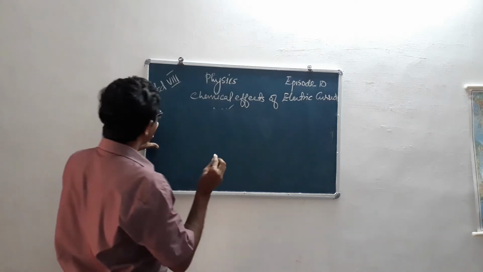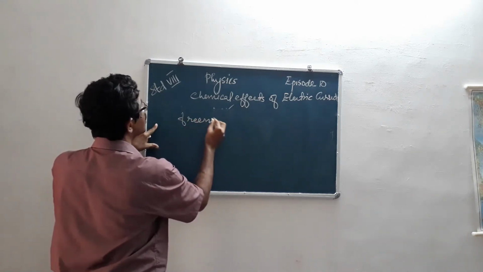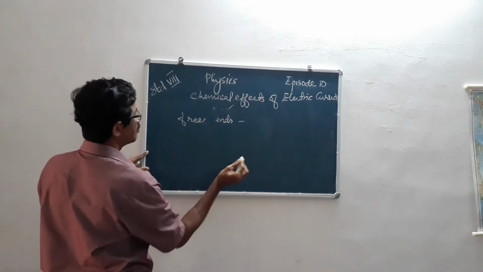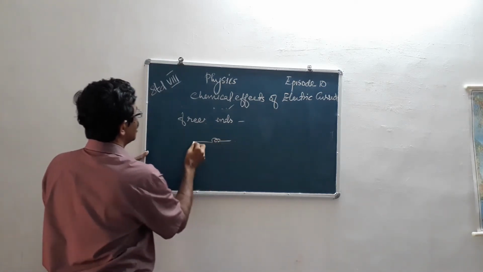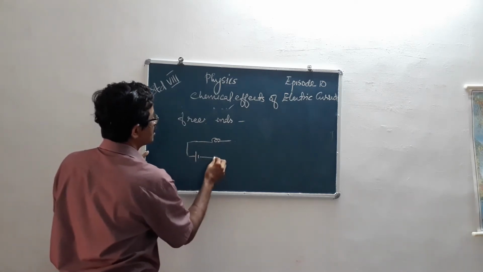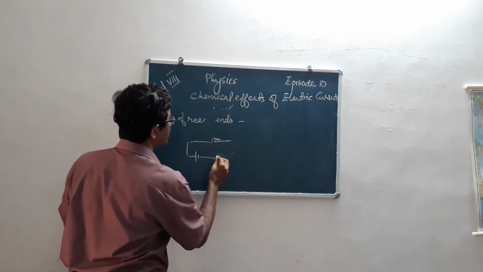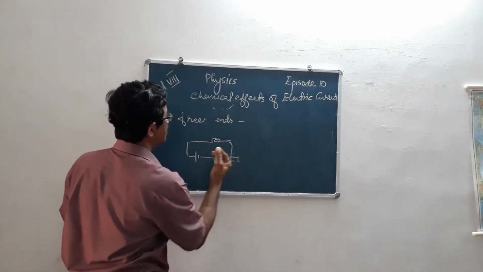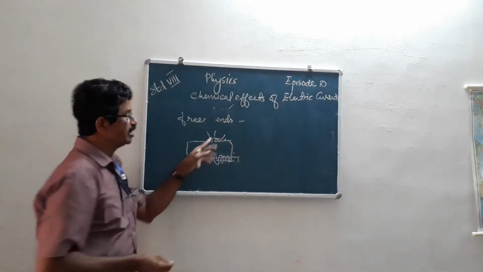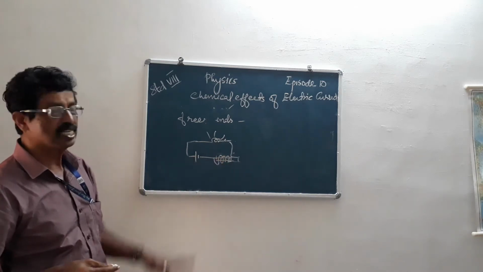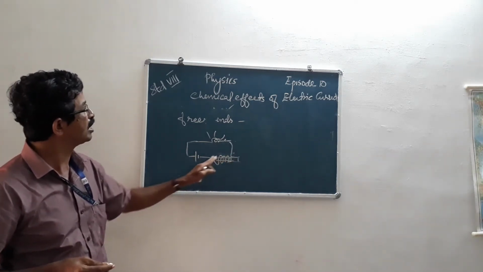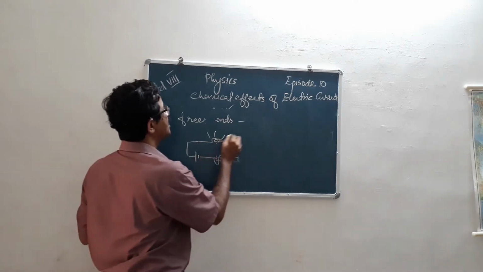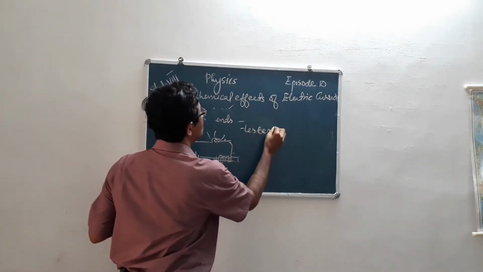Now, when we join the free ends of the tester, which you made with a bulb and cell, if the bulb is glowing, then the circuit is complete. Then the tester is working.